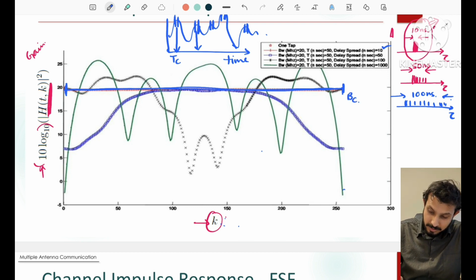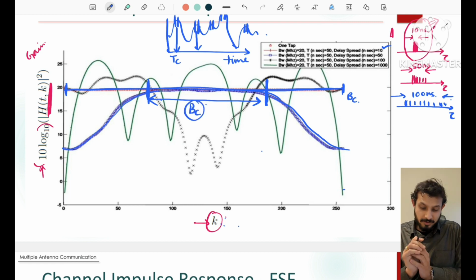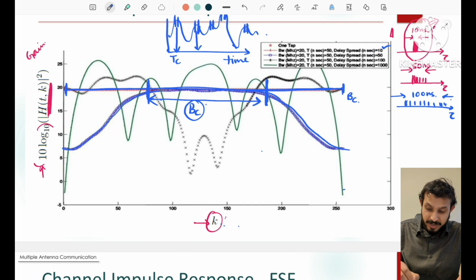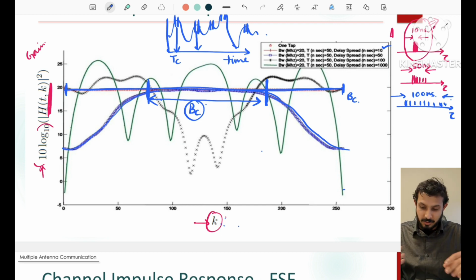Now if we further increase the delay spread, like in this blue line, the increase in the spread has reduced the coherence bandwidth. This is the coherence bandwidth where the response is almost flat, or we can say the signal is correlated to itself, and this has been reduced with respect to the flat fading scenario.